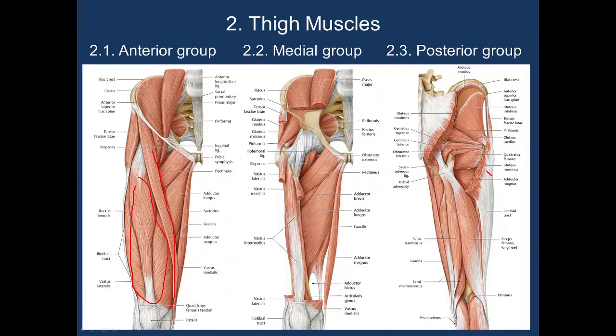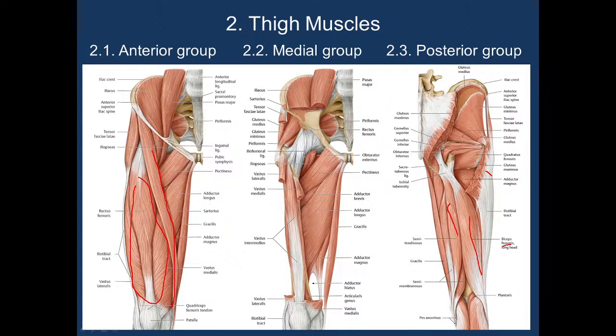Posterior group, this is three muscles. Biceps, take notice that there is biceps, but it is called femoris. It means this muscle is located on the thigh.